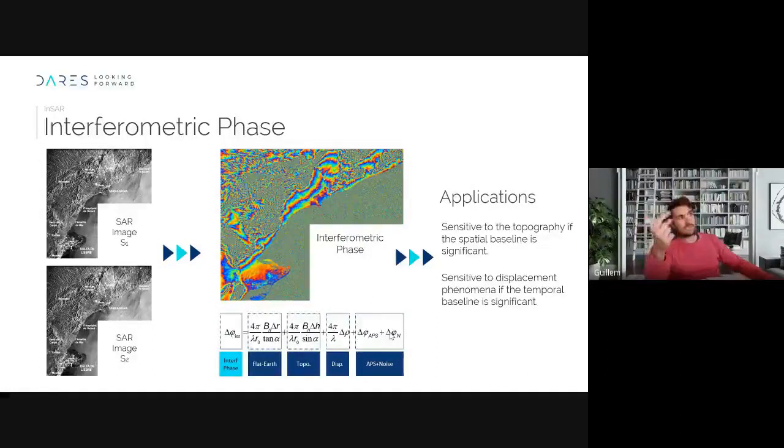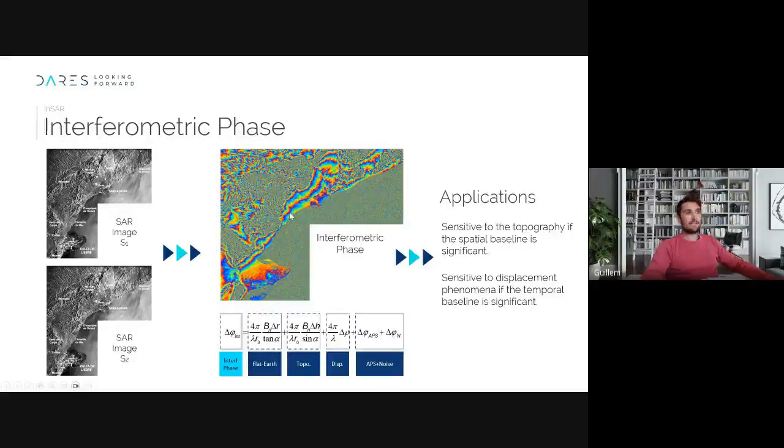Remember that the satellite is orbiting at around 700 kilometers. We can take images through the atmosphere, but that's not for free, let's say. And there are some artifacts, especially during the day, due to temperature.